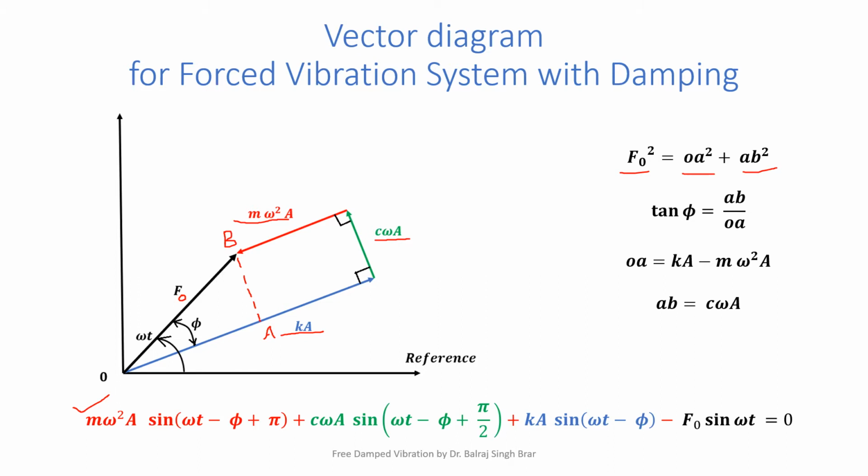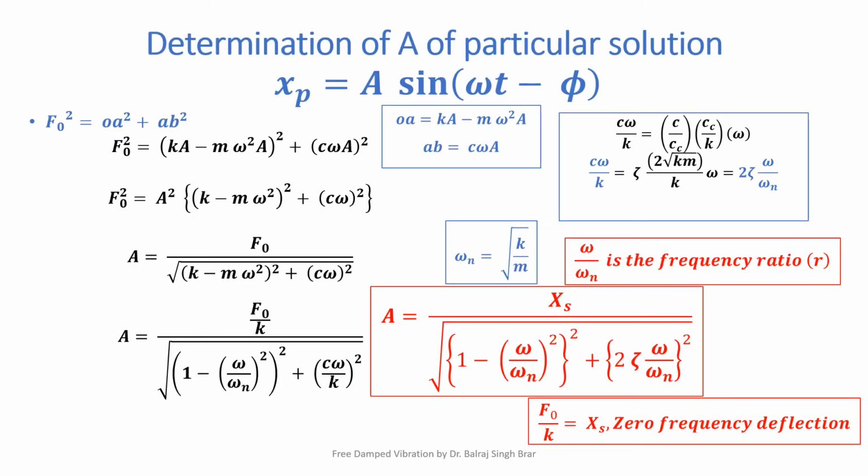Here OA is the spring force minus the inertia force amplitude, the difference of amplitudes. AB is equal to the amplitude of the damping force.